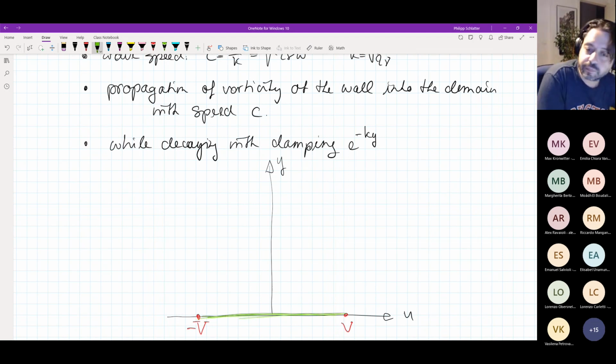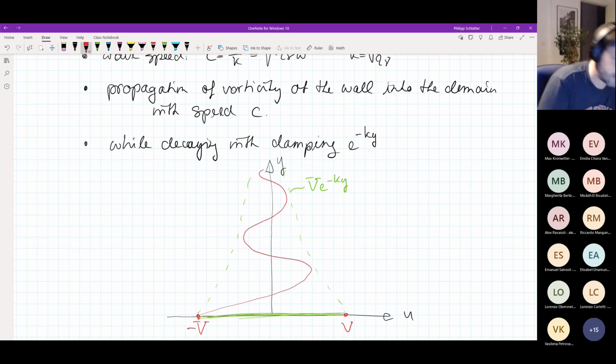That's our oscillation. And then it's a propagation into the domain which decays with the damping rate. So this line here would be v times e to the minus ky, and then the propagation would look like this. This is the cosine term that goes away from the wall into the domain.